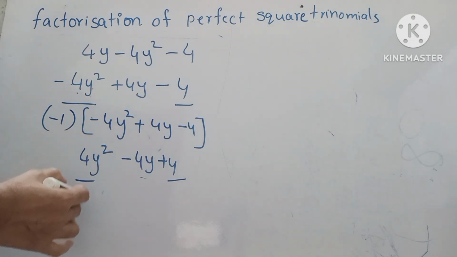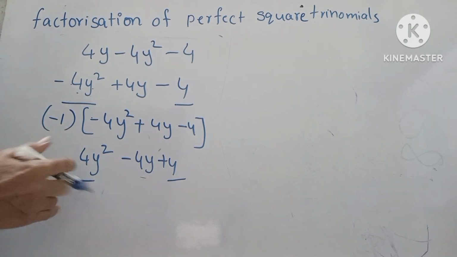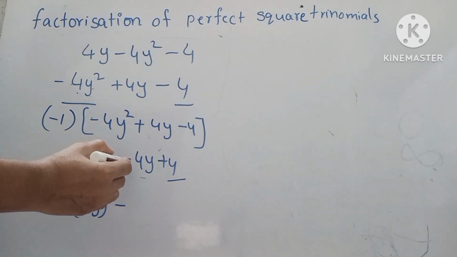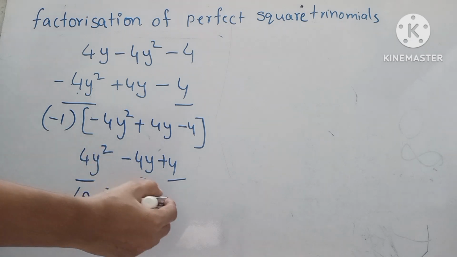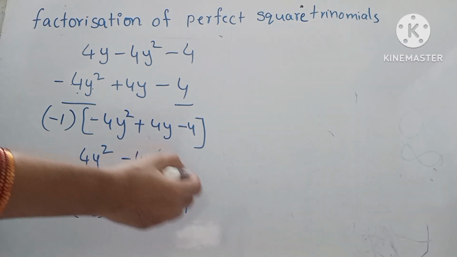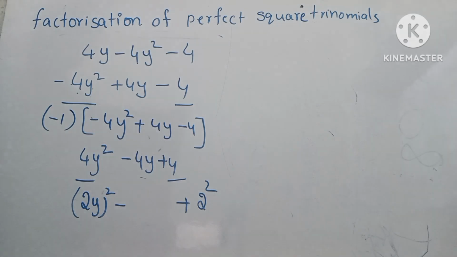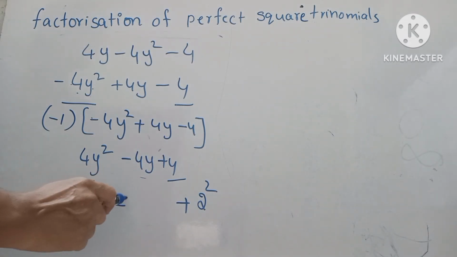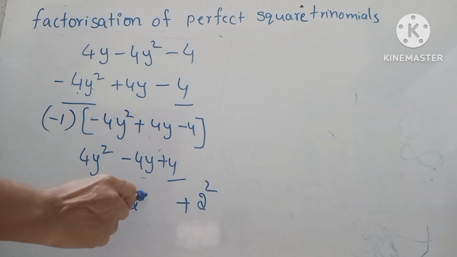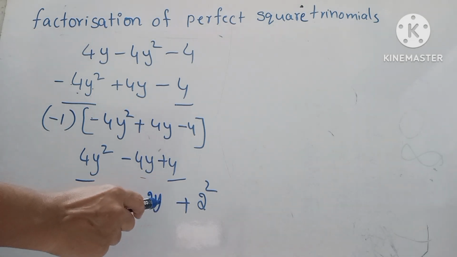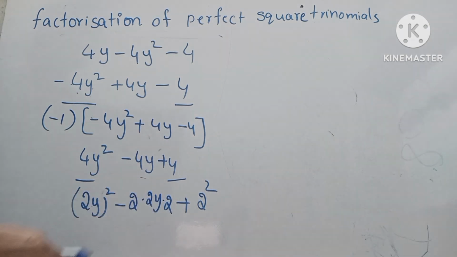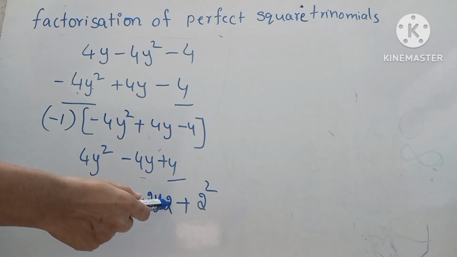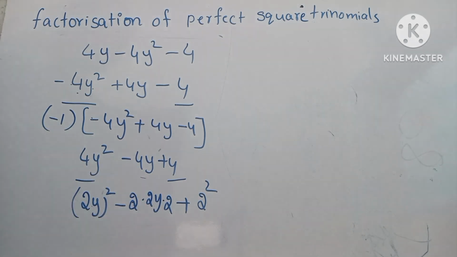So let's check it. 4y square can be written as 2y whole square, plus, write the last term in the square form. So a square b square outside, which is in the middle, minus 2a is 2y and b, which is 2. Is this 2 times 2y times 2 equal to 4y?